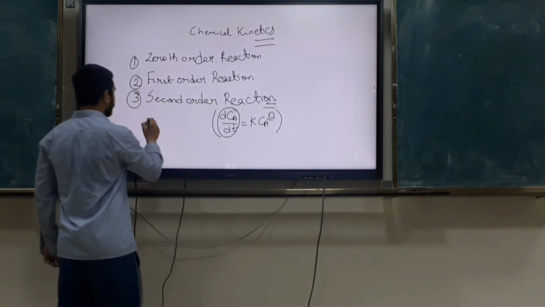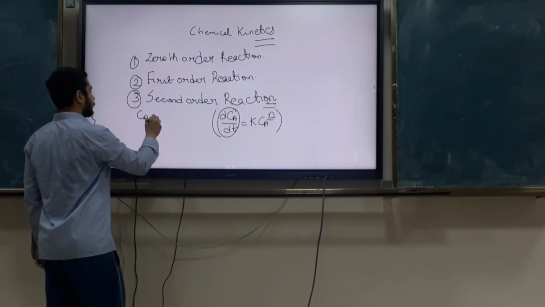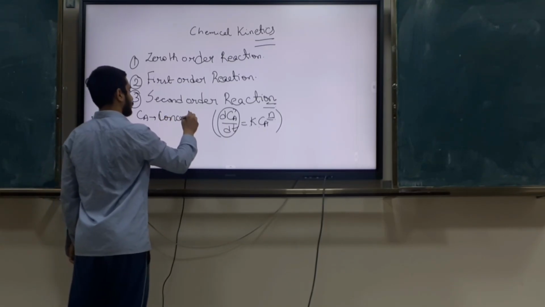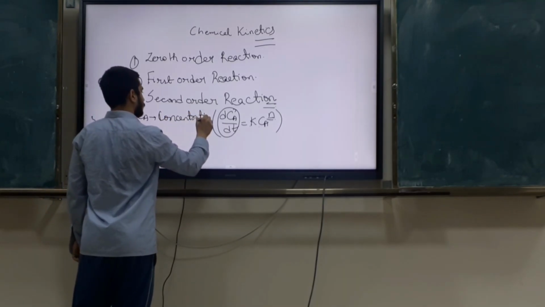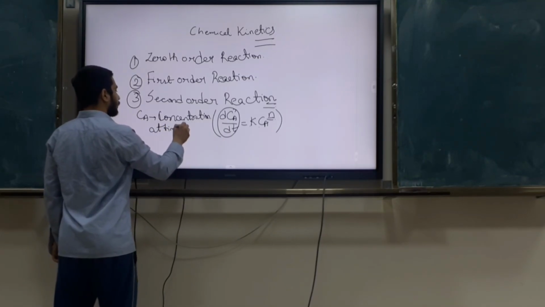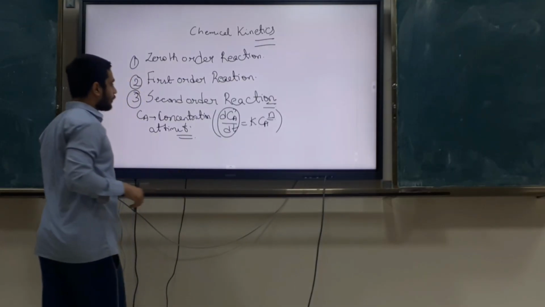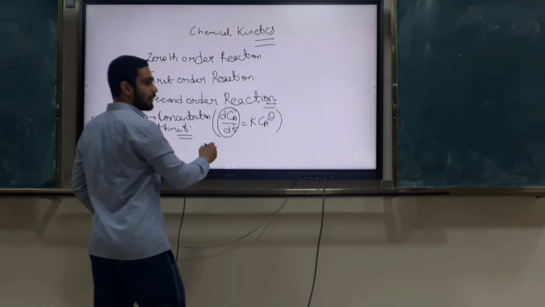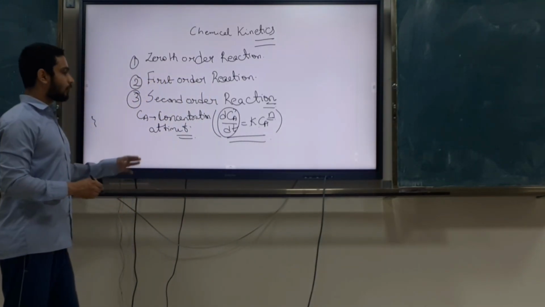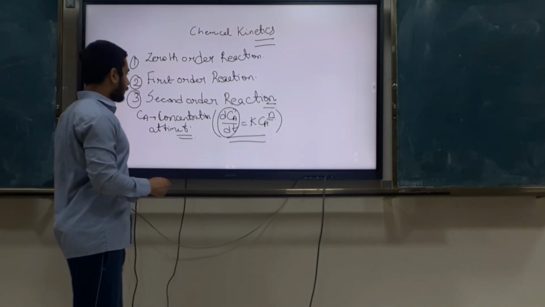Ca is here the concentration at time t. So this is the equation dCA by dt is equal to K Ca to the power of n. So this is how we will define the equation of the reaction.